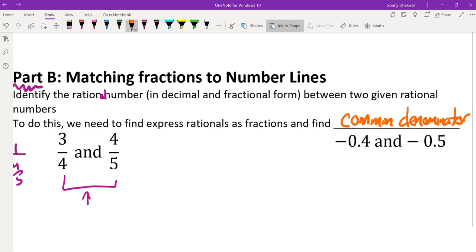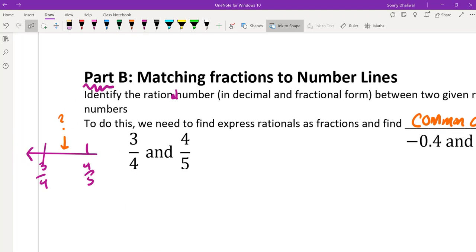Then we can compare the two fractions and figure out what's in between. If we have a 4 and a 5 as our denominators, what would our common denominator be? What's the smallest? 20. They can both go into 20.